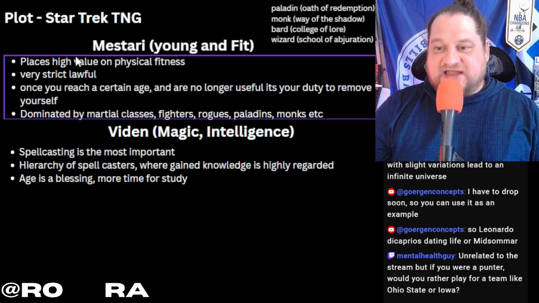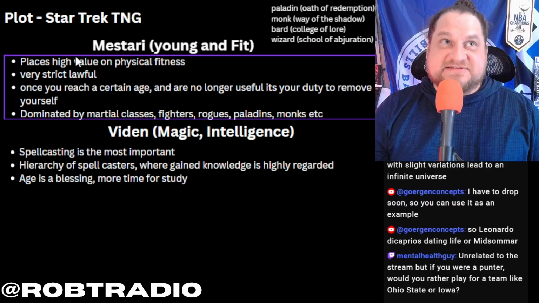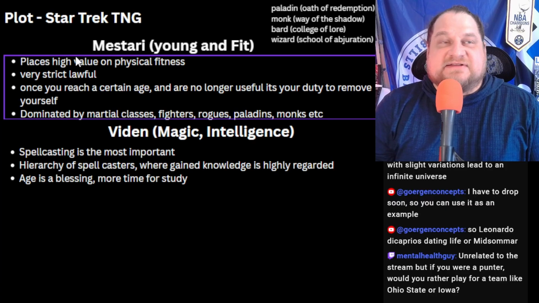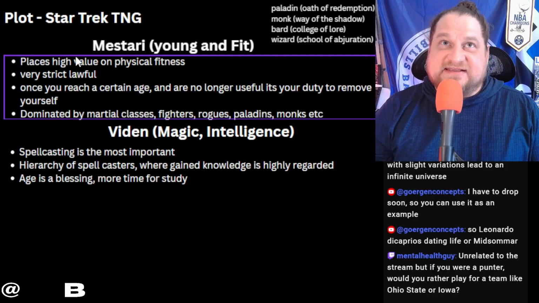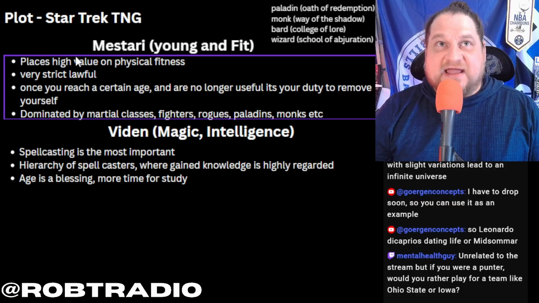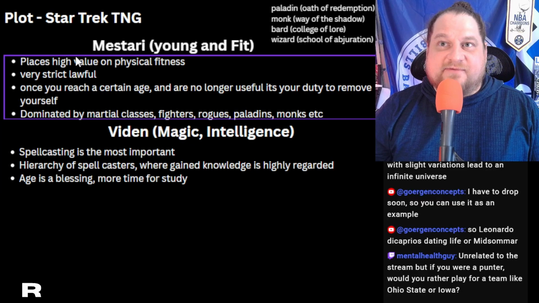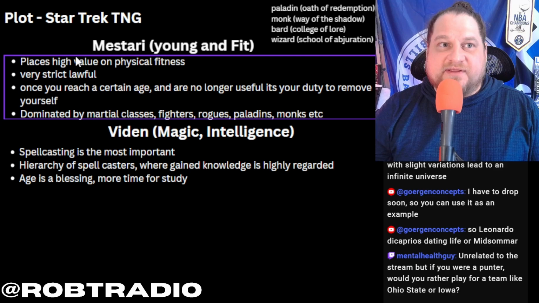Monk, Way of the Shadow. It's interesting. It's one of those where it's a little more sneak, little ninja-like. And so why would they want to leave Mistari? What would their thing be?